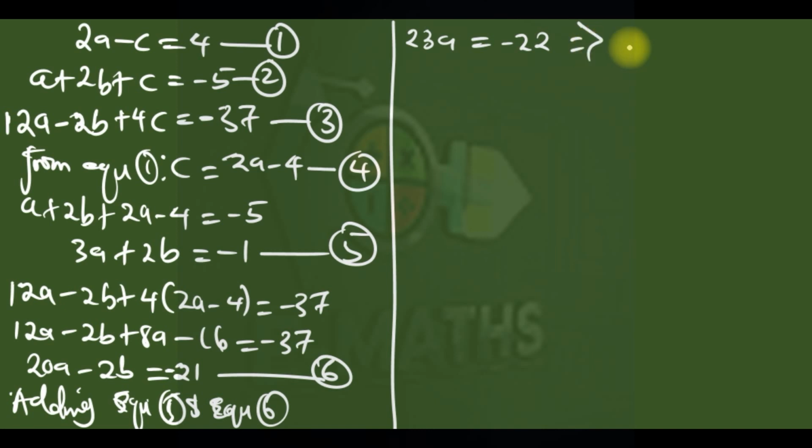Which implies that our a is minus 22 over 23.